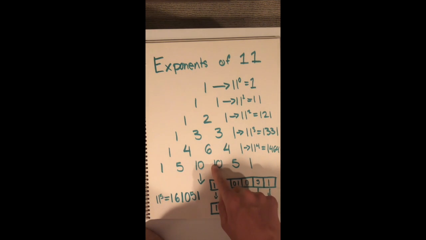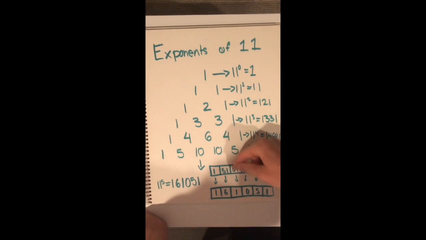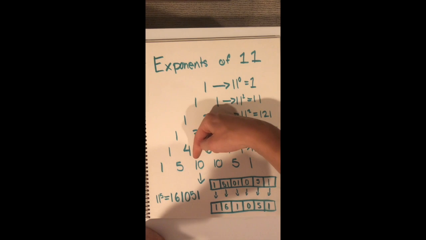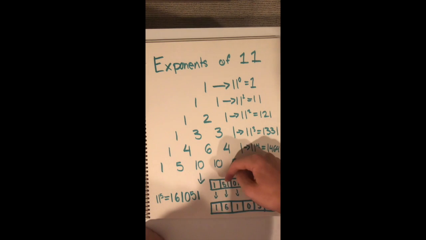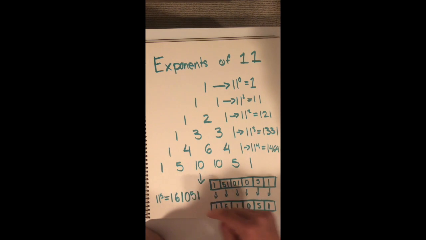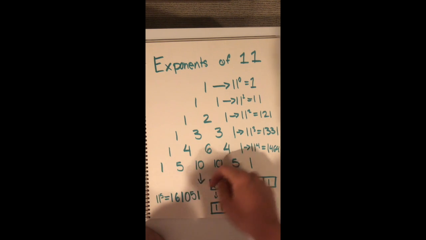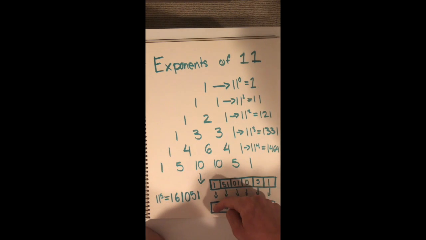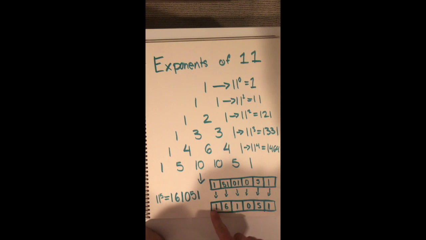But you take the 1 and add it to the previous digit of the next number. So 1 plus 0 becomes a 1. And then you take this 1 and add it to this 5. So 5 plus 1 becomes 6. And then you keep this 1 and 1 plus 1 equals 2. So in the end, 11 to the power of 5 is 161,051.